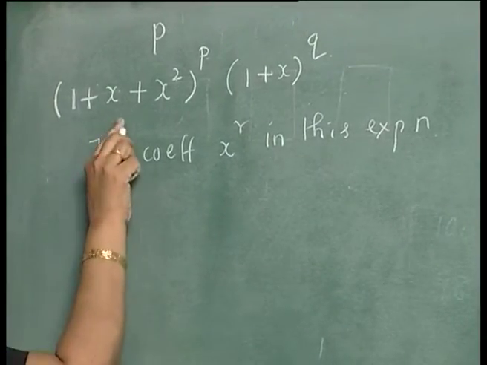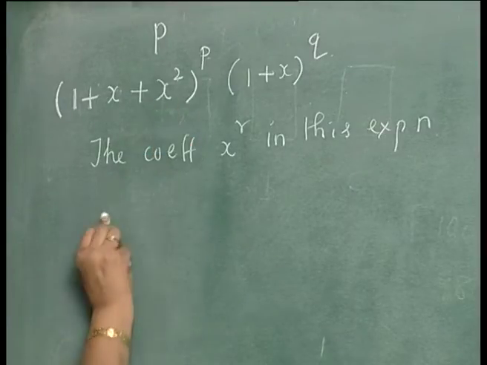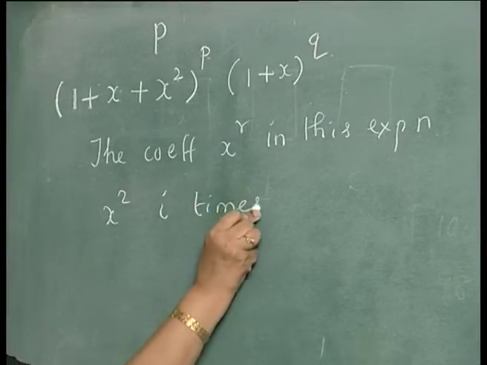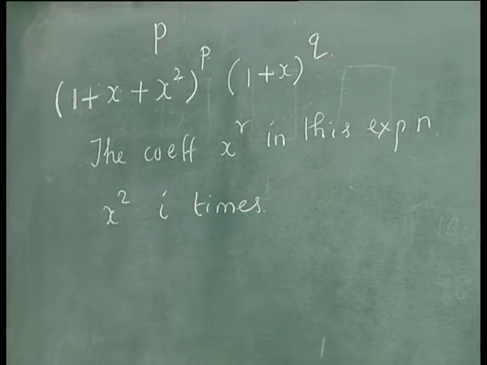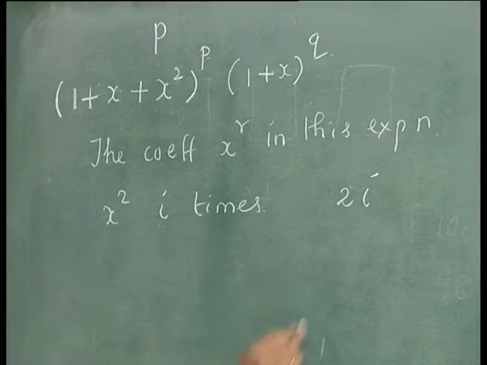Now, what is the coefficient of x power r in this? Now, you can select x squared i times, that will give you a power of 2i.